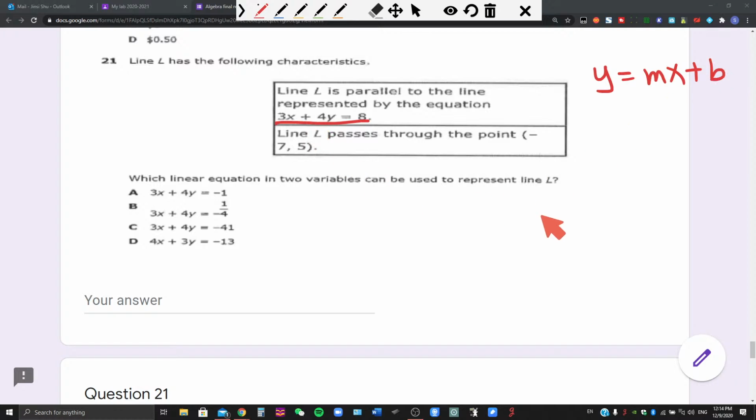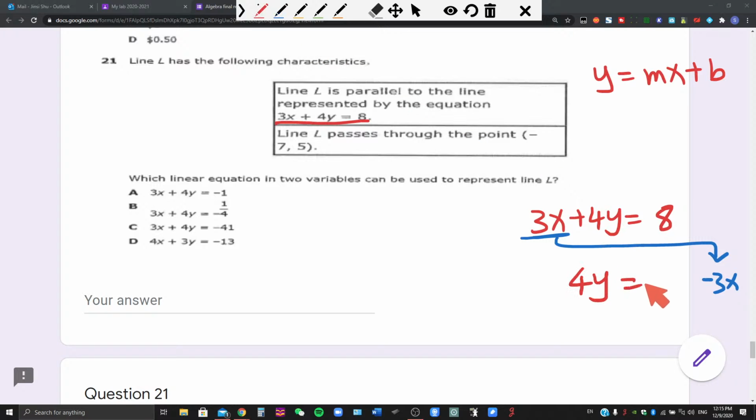So we have 3x plus 4y equals 8. You want y on one side, so we will move this 3x to the other side. This will become a negative 3x. Okay, and then we have 4y equals 8 subtract 3x.